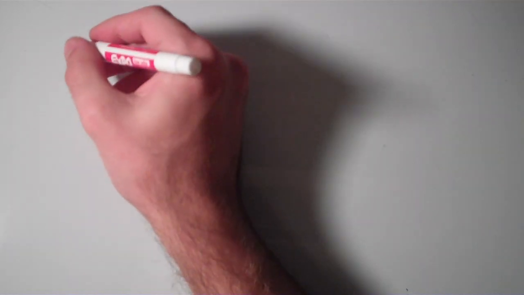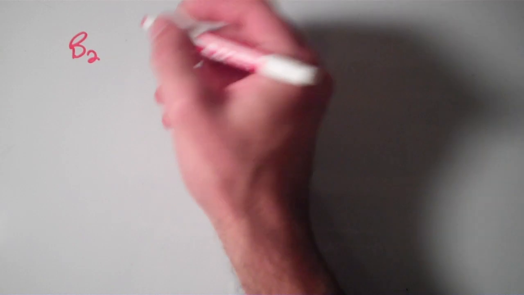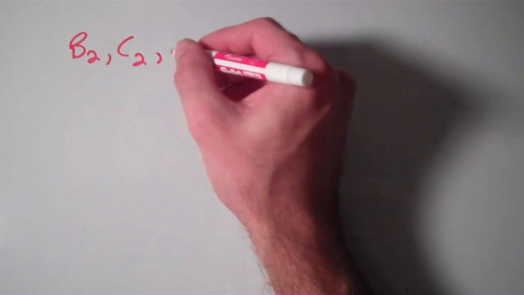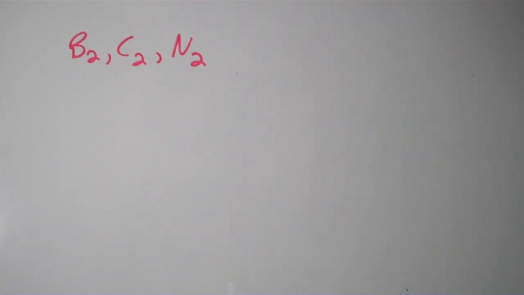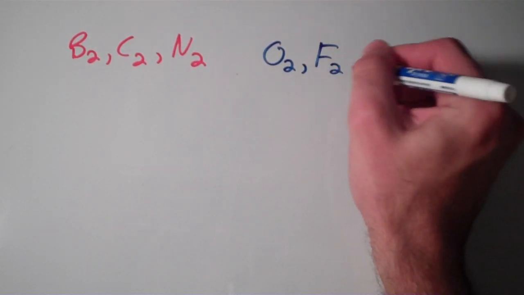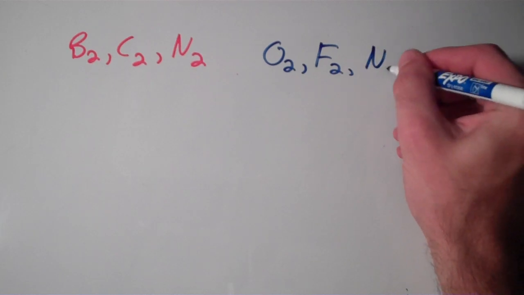So first off, I'd like to point out that the energy ordering for B2, diatomic boron, diatomic carbon, C2, and diatomic nitrogen is going to be entirely different than the energy ordering for oxygen, O2, F2, fluorine, and neon.